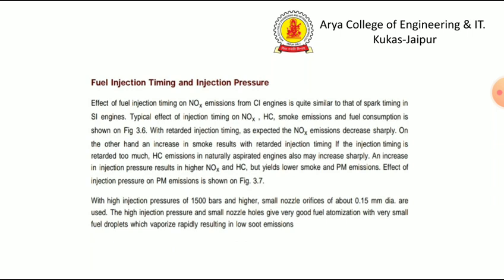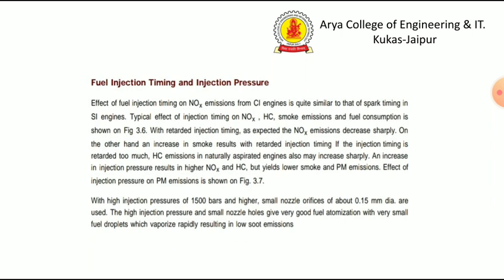When retarding injection timing, as expected, the NOx emission decreases sharply. On the other hand, an increase in smoke results with retarded injection timing. If the injection timing is retarded too much, HC emissions in naturally aspirated engines also may increase sharply.